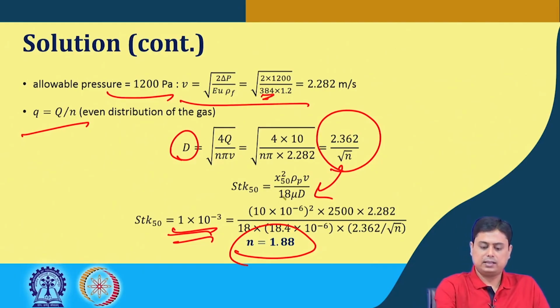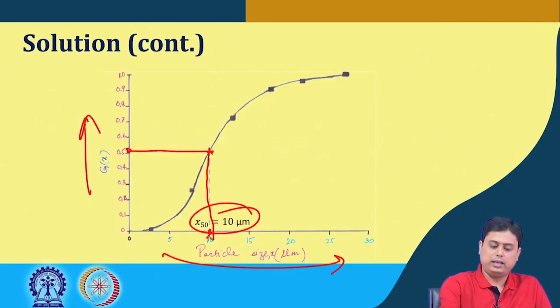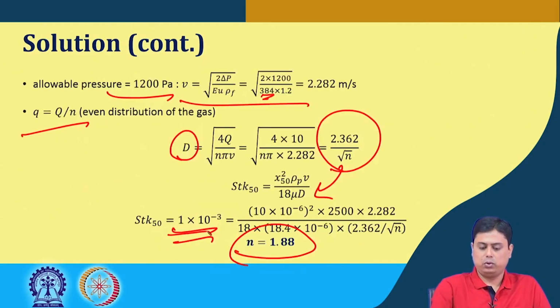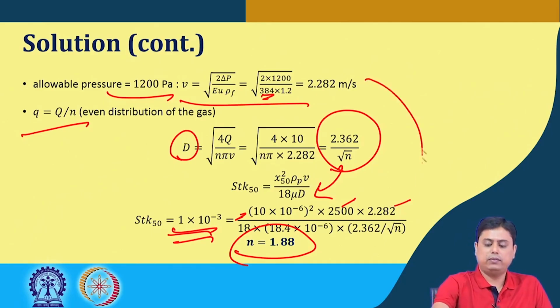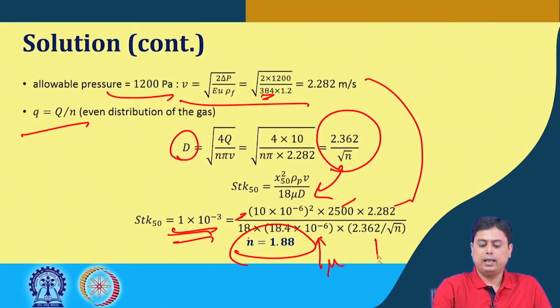Because here the cut size we have calculated from the equiprobable line here was 10 micron. So x is 10 micron, this is 2500, the particle density, this is the characteristic velocity that we have calculated, 18 mu value is given, and this is the diameter in terms of n.